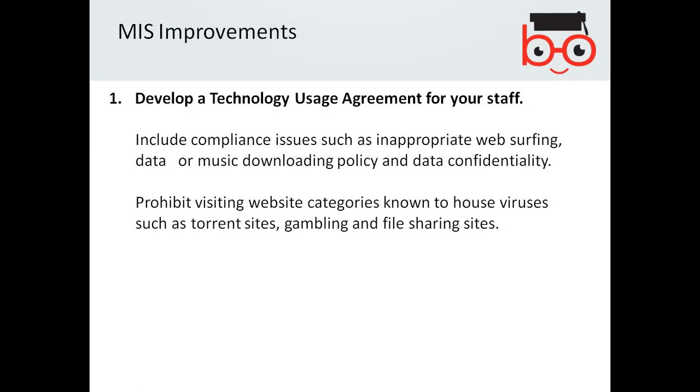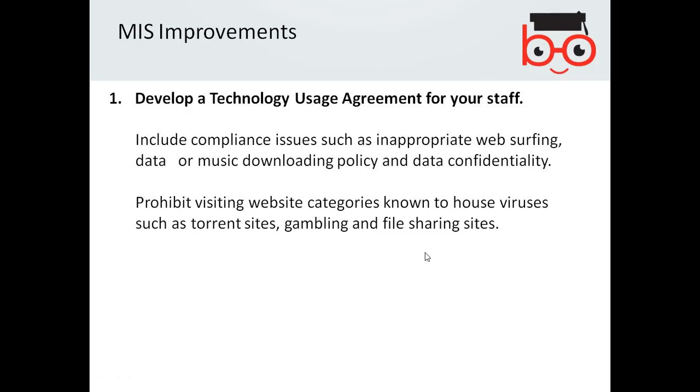Is it true? Obviously they will damage the computer and invite viruses. Torrent sites are a little bit risky, and gambling and these things should be avoided. All these things should be carried out according to the agreement made between your staff and you, so that can help to improve the performance of MIS.